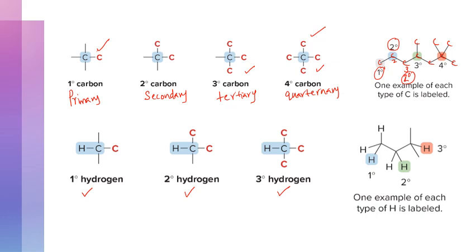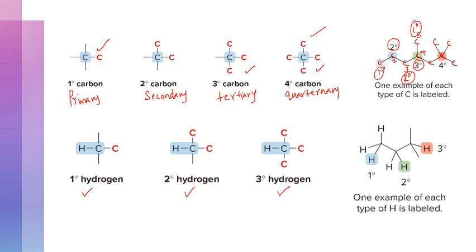The carbon atom numbered 4 is attached to three other carbon atoms, so we classify that one as tertiary carbon. The carbon atom on the top here, I can number it as 5, is attached to only one other carbon atom, so again it is a primary carbon atom.